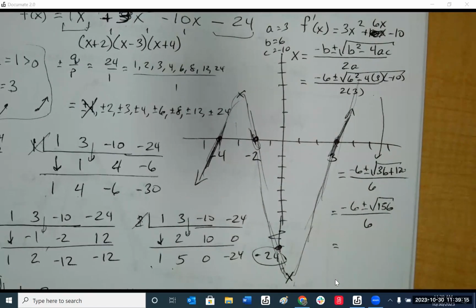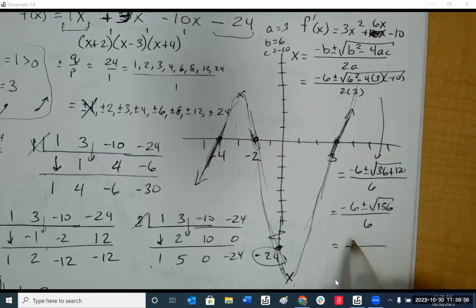What is 14 times 14? 196. 13 times 13 is 169, so it's lower than that. 12 times 12 is 144, so it's between 12 and 13.